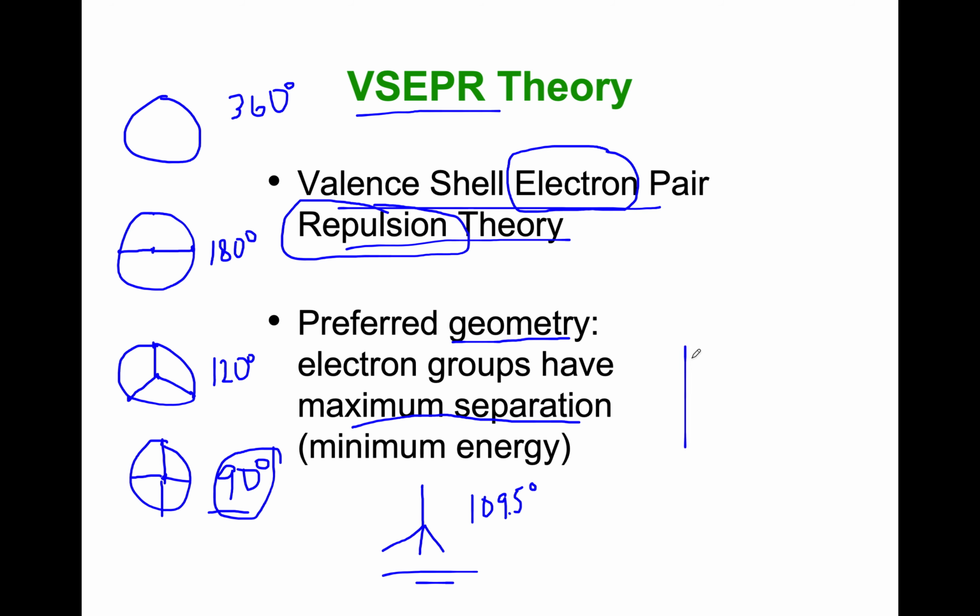One other thing is we'll talk about planes of atoms. So if we have a plane of atoms in this plane, and then if we intersect that with another plane, the angle between these 2 planes is 90 degrees.